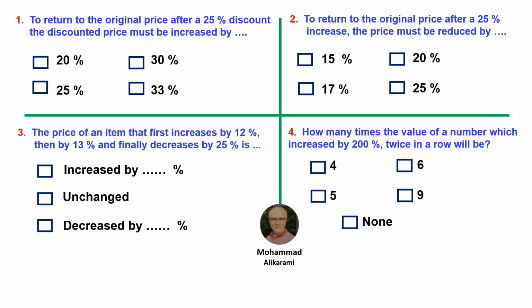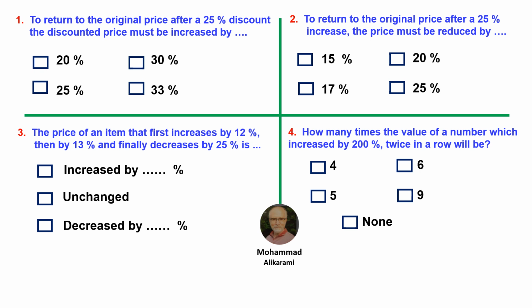In the third case, we have changed an item price 3 times, and we want to see what is the product.